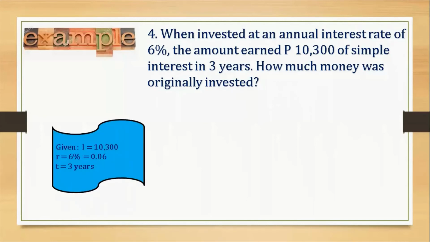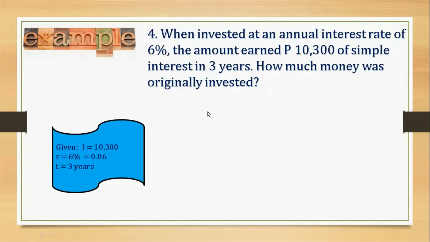We have the interest of 10,300, because it was mentioned in the problem, the amount earned 10,300 of simple interest in 3 years, which means it's the interest itself. And for the rate, that's very easy. That is 6%, which is equal to 0.06. And for the time, we have 3 years.